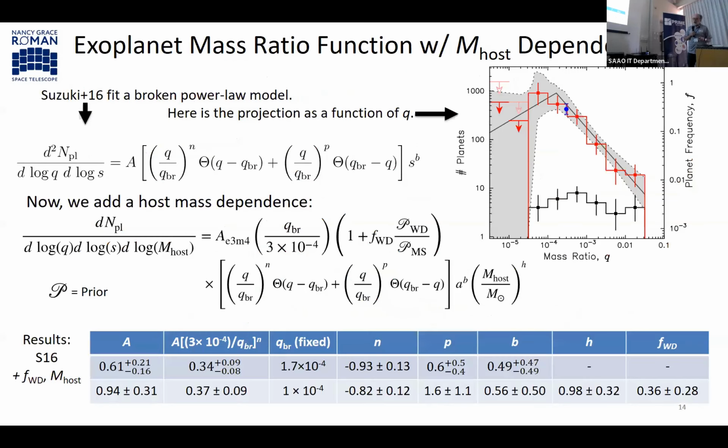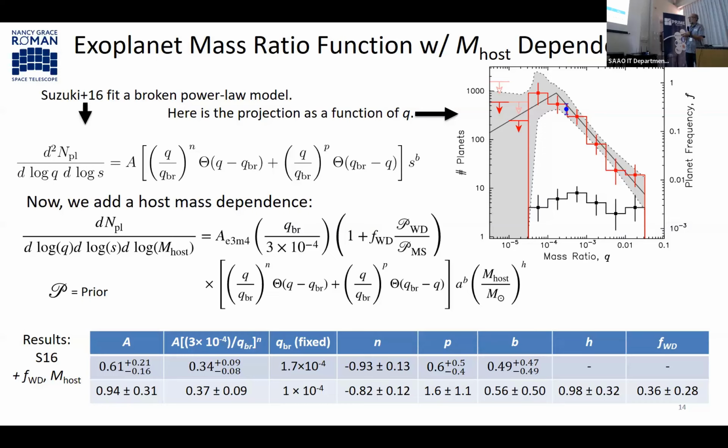All right. So this shows that same plot from Suzuki et al. 2016, showing this mass ratio function where there's a change in the slope here. It's actually not super significant, but marginally significant with the Bayes factor a bit over 20, I think. But there is a peak around sort of a Neptune mass.